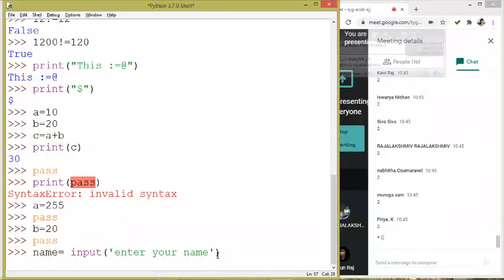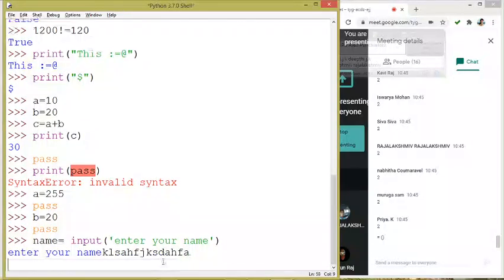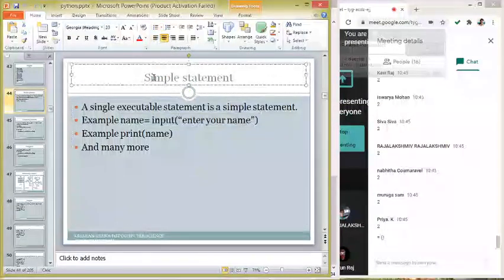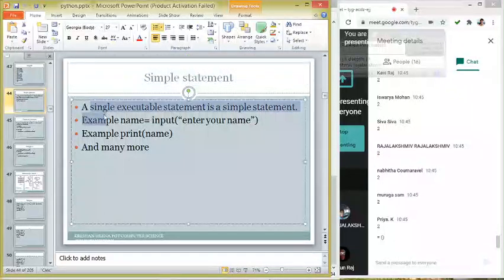You enter your name and press enter. That's all. This is called a simple statement: a single executable line. Print is a simple statement. Many more examples are simple statements.